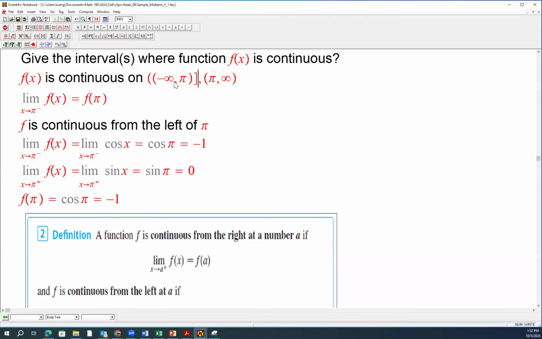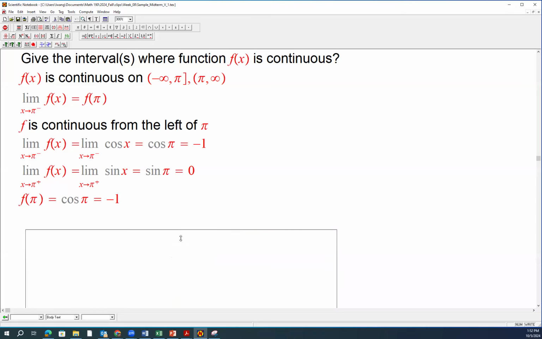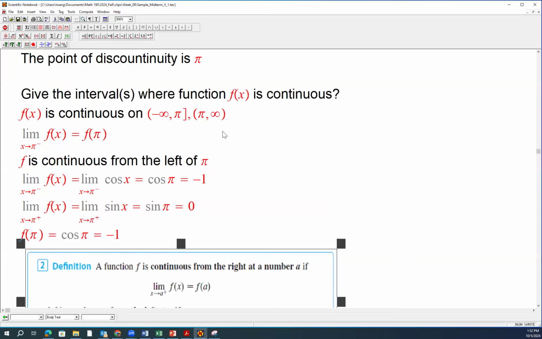There. That's what we mean. I hope you understand that. So this is to follow the definition closely, and this is also a further interpretation.